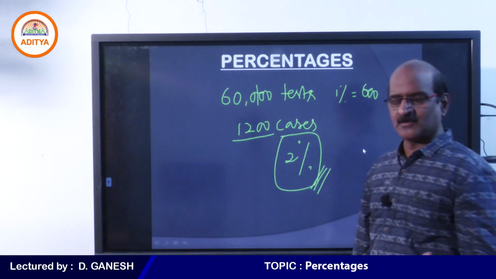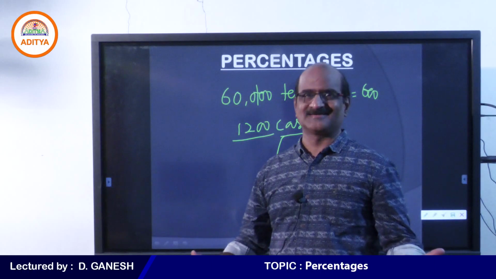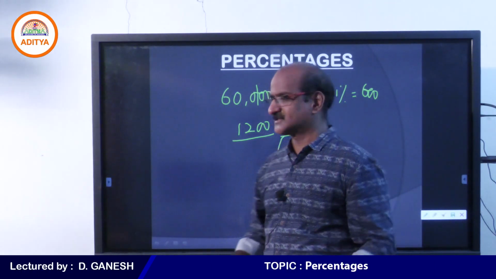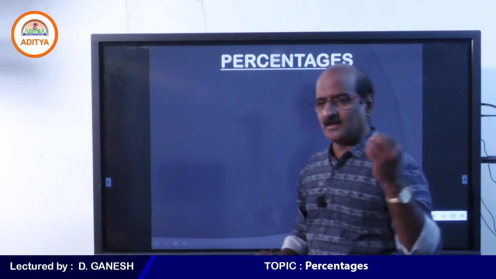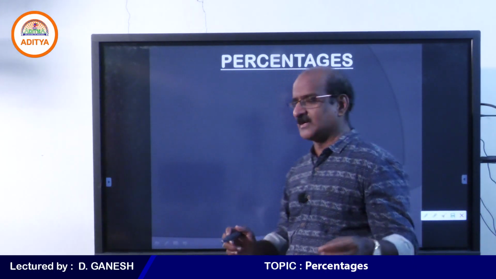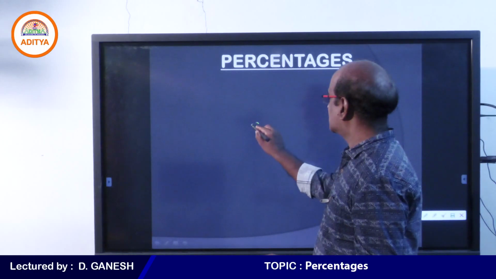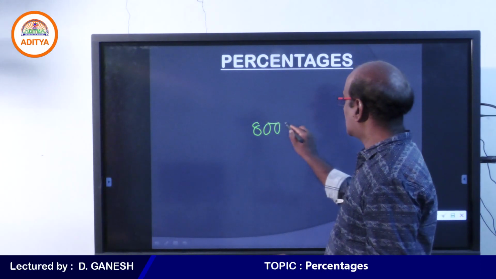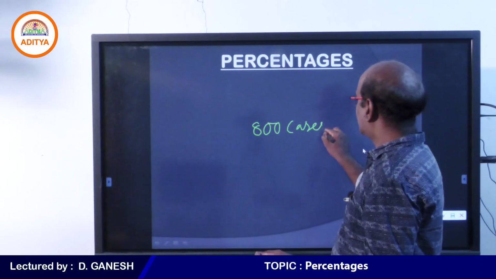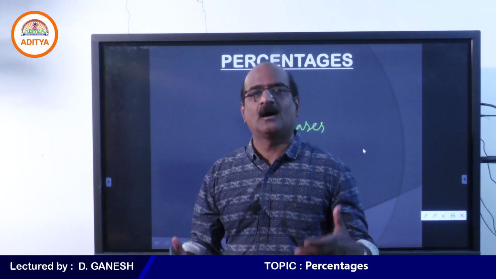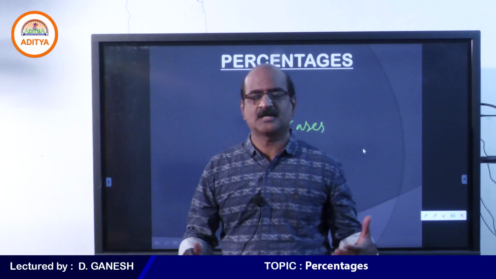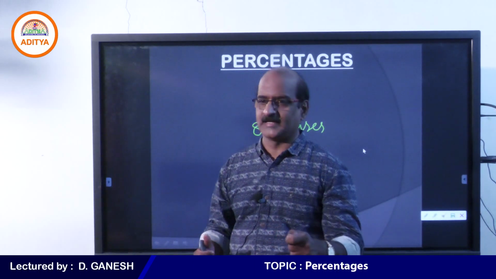Student, based on this calculation, we start taking some decisions. For example, on one given day, please listen to me, suppose Andhra Pradesh has reported around 800 cases.